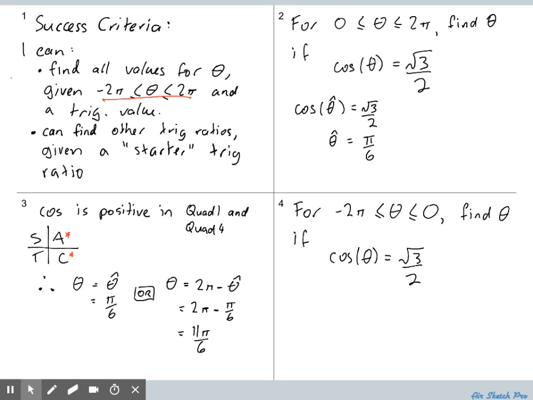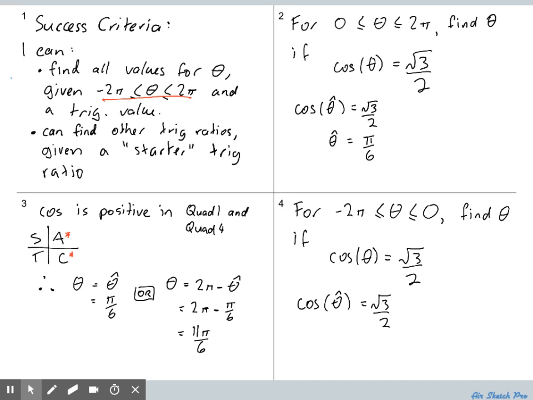Okay, step 1 is exactly the same. Find the reference angle. Even though we are looking at between 0 and negative 2 pi, we really just do the same thing. As if it were in quadrant 1, positive, we simply say that cos theta hat equals root 3 on 2.